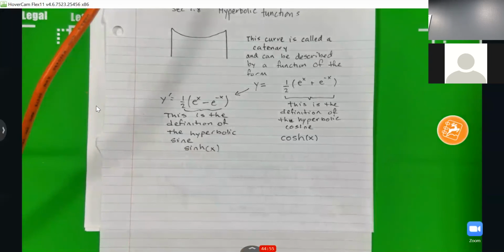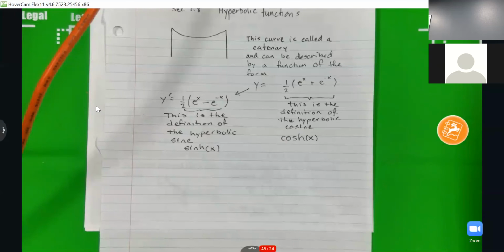Cosh and cinch. One function is the derivative of the other without the minus sign. Guess how we define a hyperbolic tangent? Yeah, cinch over cosh. Now, since we already know how to differentiate and integrate e's to a power, then we certainly know how to differentiate and integrate cinch, cosh, and hyperbolic tangent.